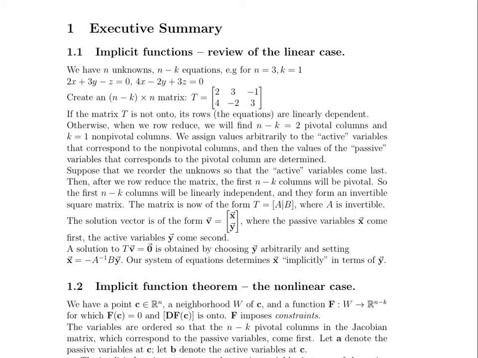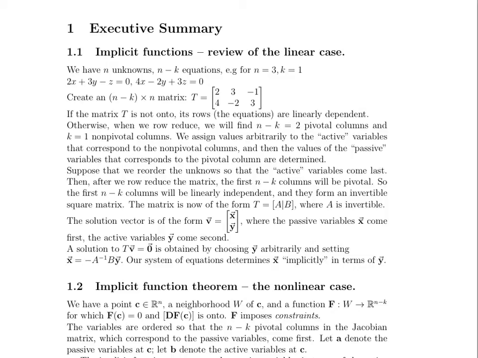So now what's interesting is that the solution vector for this is of the form v equals x, y, and we put arrows here because they are multiple components. They're not just one particular value. All the passive variables are x, all the active variables are the y's, so there could be more than one of the x's and more than one of the y's.